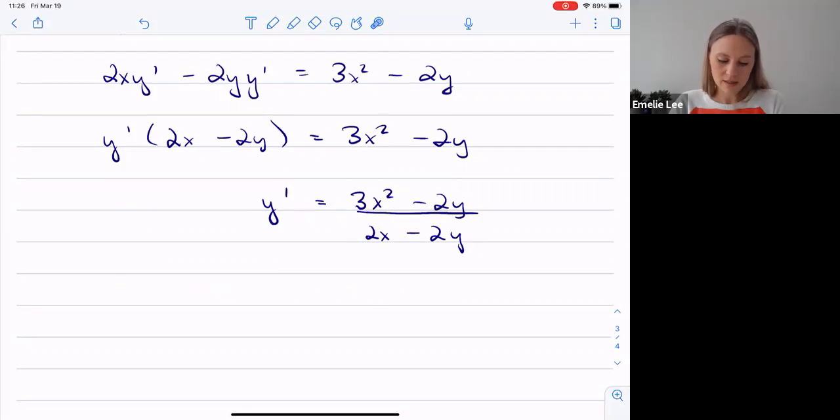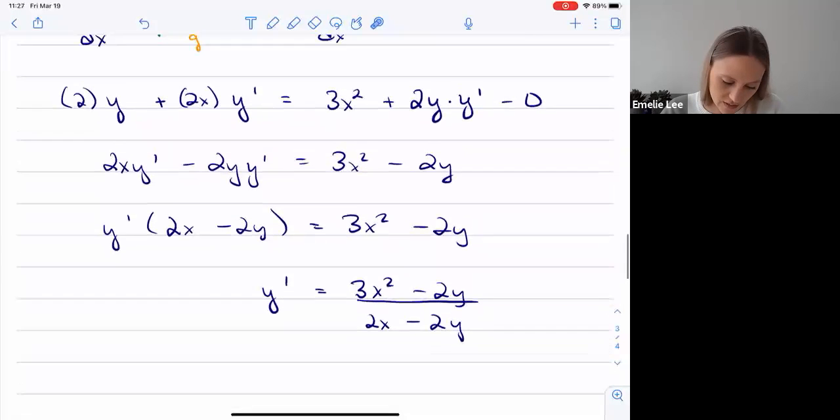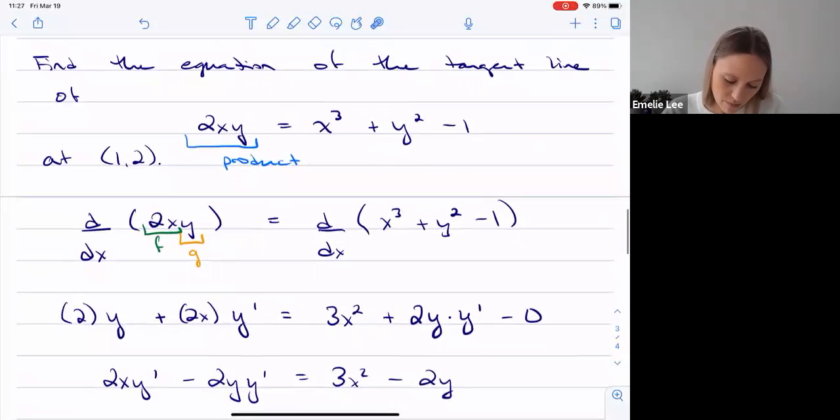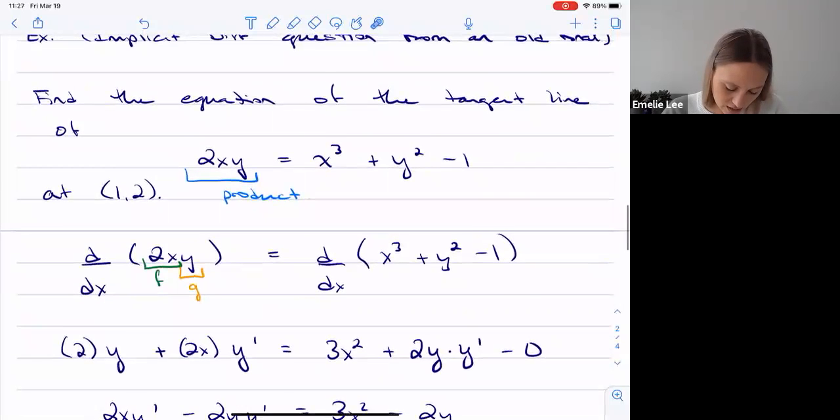Great. Now, if you were solving for the overall derivative, we would just leave it like this, because we don't know what y is. But now we're going to use the derivative to find the slope of the tangent line at 1, 2. So we're curious about a specific point.